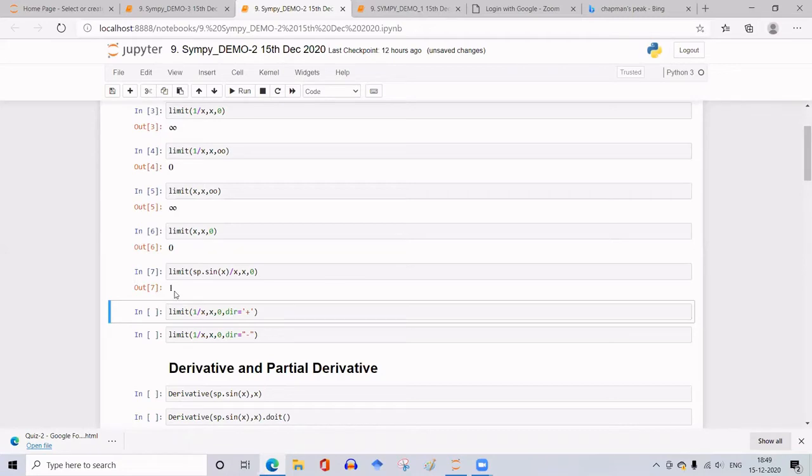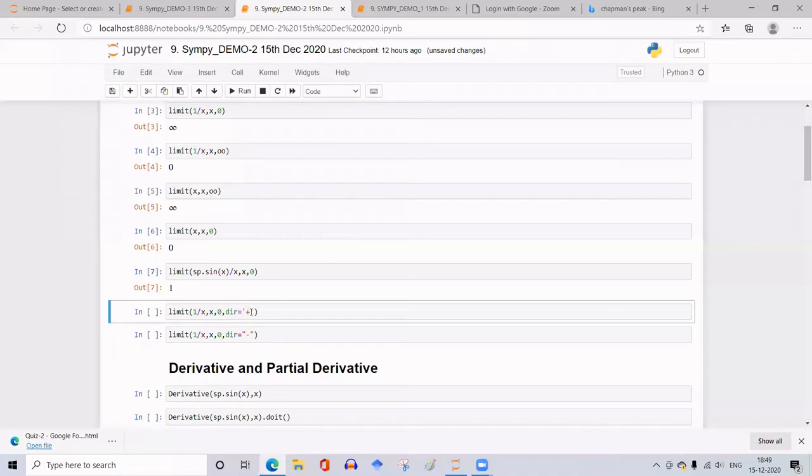So this is over. Next, this 1 by x as x tends to 0. In certain situations, we have to define whether this 0 is approached from the positive direction or from the negative direction. That is, x may tend to 0 on the positive x-axis, or it may tend to 0 from the negative x-axis also.